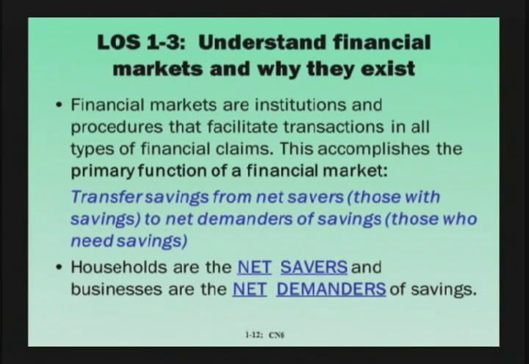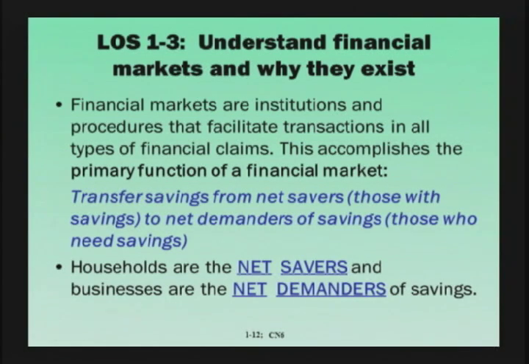And as the households accumulate savings, they can invest those savings by depositing it in the bank, purchasing stock, purchasing bonds, or purchasing some other financial asset. So as the households purchase these financial assets that are issued by businesses, then they are providing the savings to the demanders of the savings, which are the businesses.